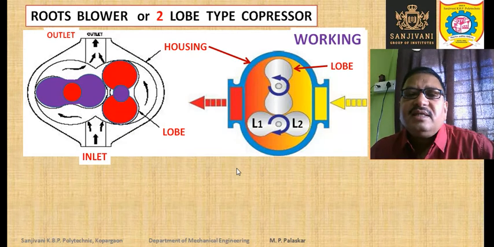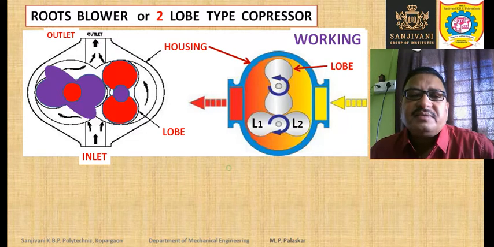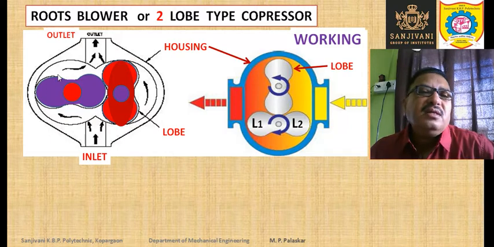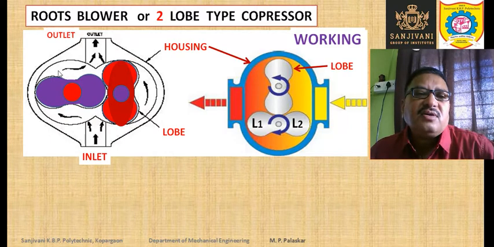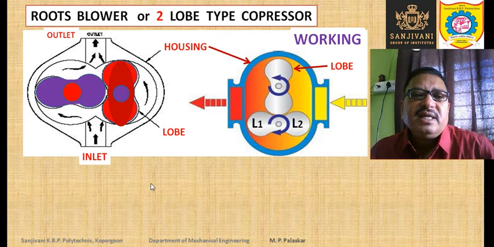Now let us study the working of this Roots blower, or the two lobe type compressor. You can see that both the rotors are rotating. This rotor is rotating in the clockwise direction, whereas this rotor rotates in the anti-clockwise direction. Both rotors rotate inside the housing.